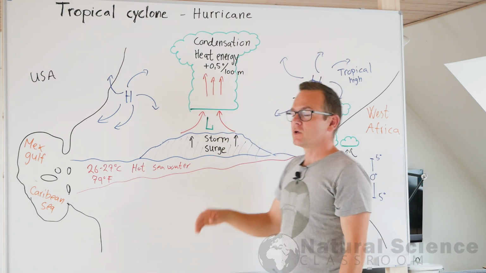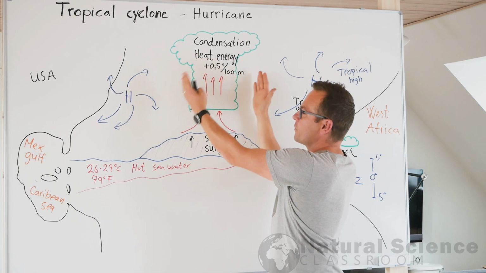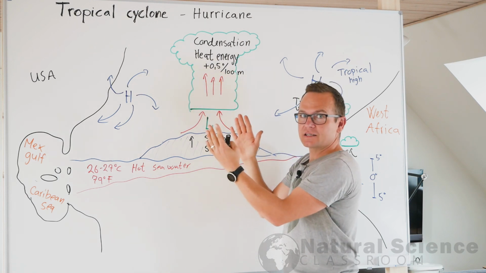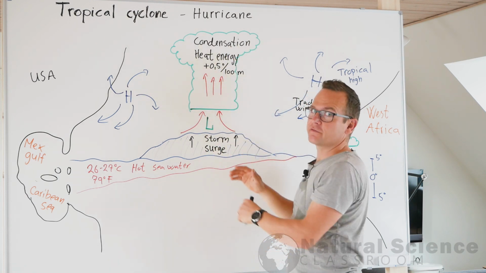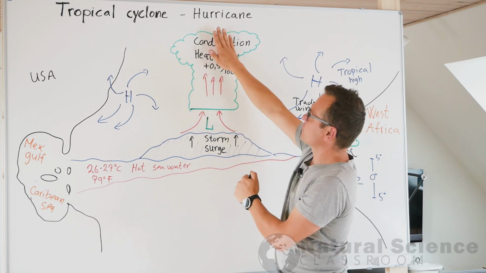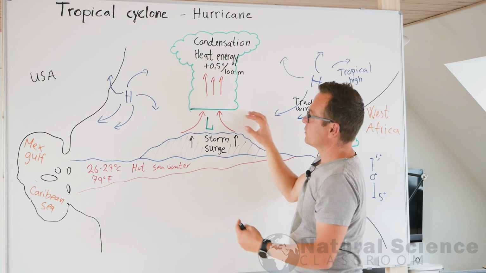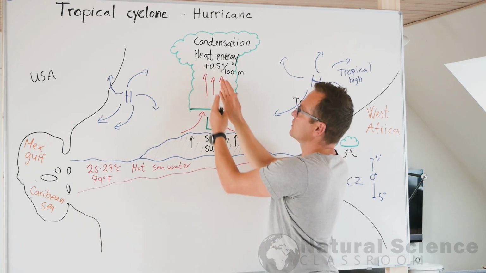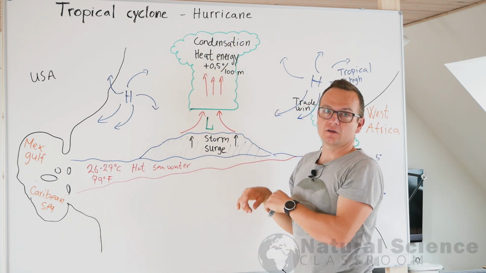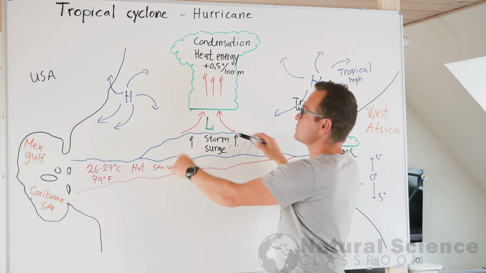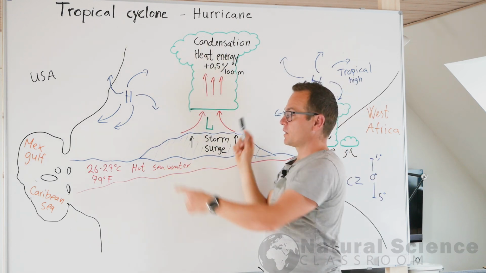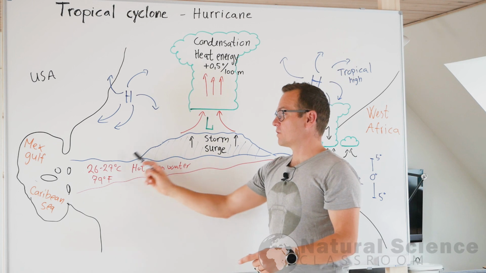So it gets warmer, and when it gets warmer, it gets lighter, and then it rises even faster. When it rises faster, it will also suck in air faster, and this warm, moist air is then giving new energy to the condensation process. So this weather system is accelerating as long as it's over hot seawater.